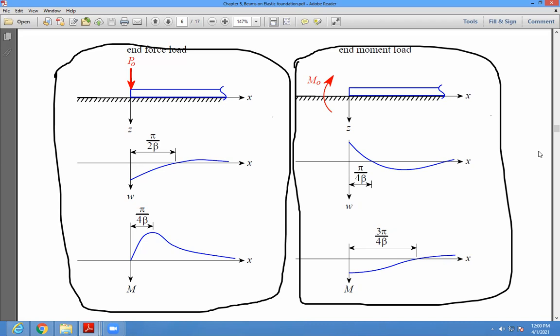Okay, there are sine and cos terms in the equations of A beta x, B beta x, C beta x, D beta x.